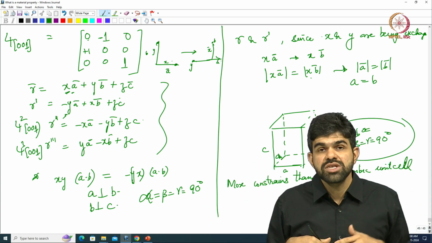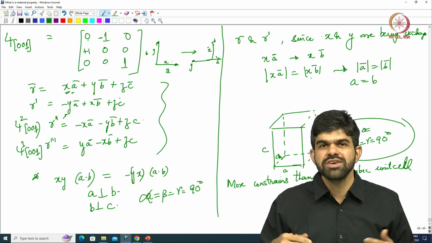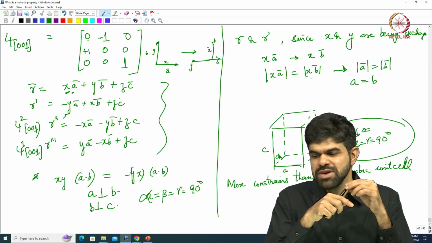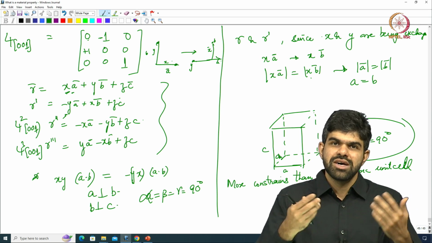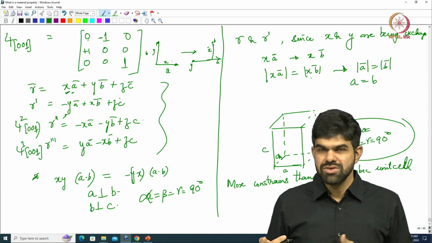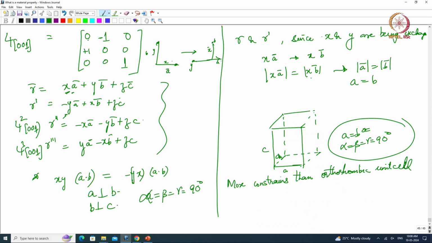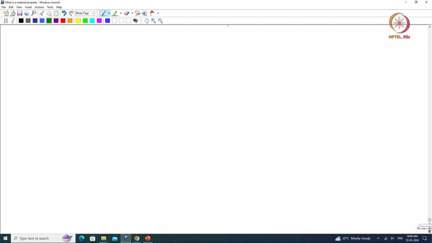But for us to understand crystallography and whatever follows crystallography, it is better to define unit cells that follow the symmetry of the system, right. So, as a result there are some constraints that come on the unit cell, okay, fine. So, that is a tetragonal system. Now, what has more constraints than a tetragonal system? This is our favorite system, which is the cubic system.